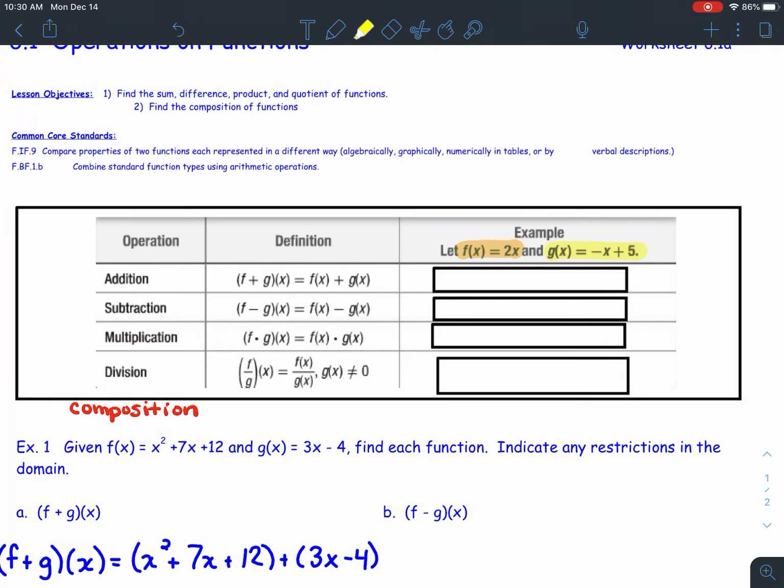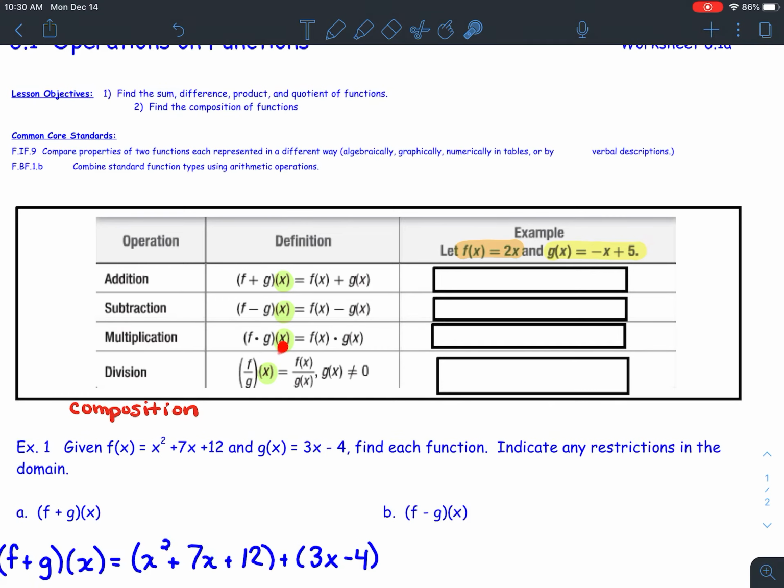Now, one thing that I just want to mention to you is when you see this notation that's asking you to add, subtract, multiply, or divide two functions, I don't want you to get confused by what looks like an extra x that's sticking out along the right-hand side. I mean, we obviously know this is an addition symbol, subtraction. We're using a closed-in dot for multiplication, and then we know that fractions represent division.